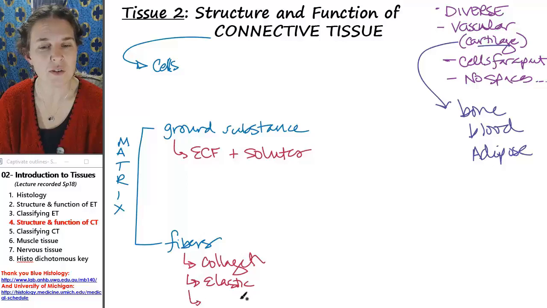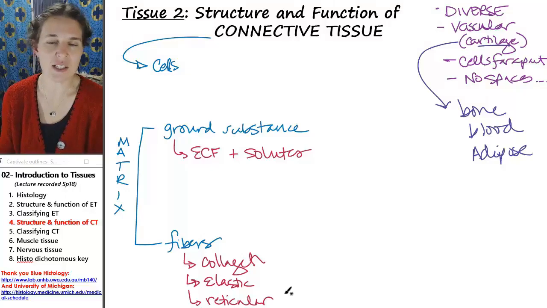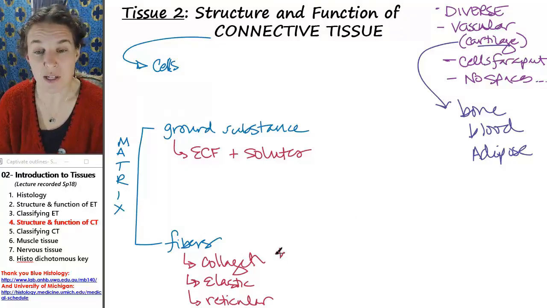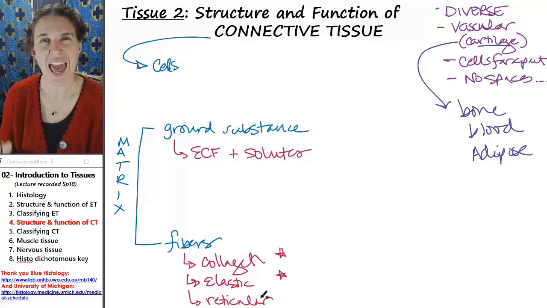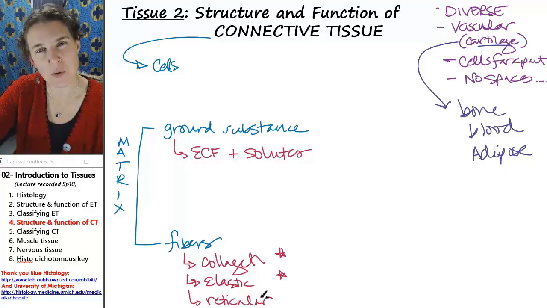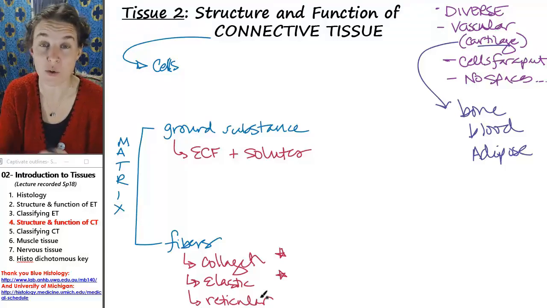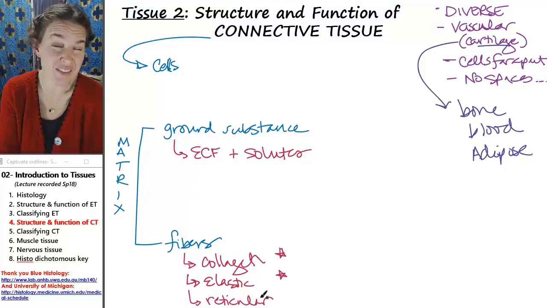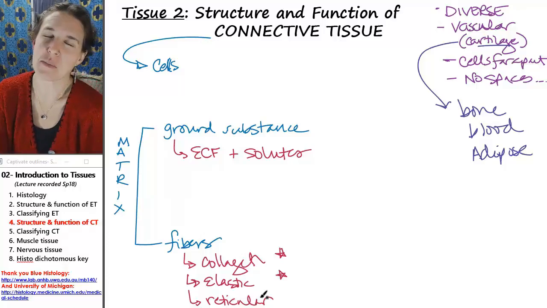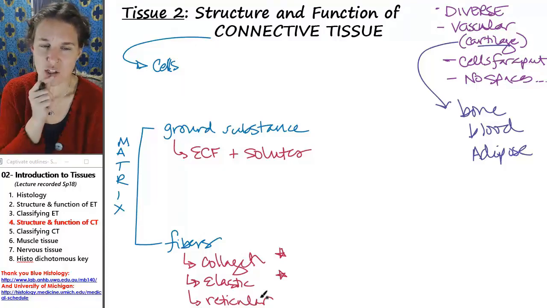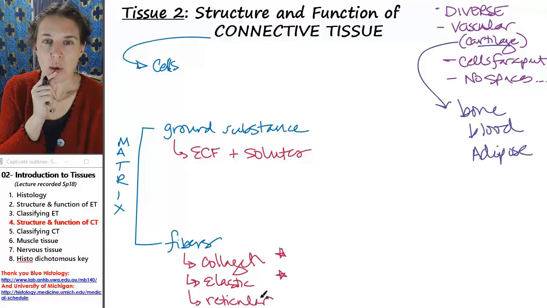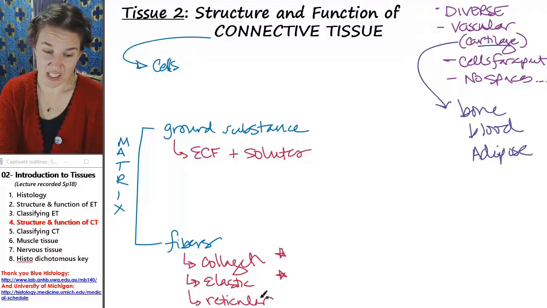And then there are also fibers called reticular fibers, which are just another kind of fiber. The fibers that we're going to see today in our studies are collagen fibers and elastic fibers. Being able to identify the fibers will help you distinguish between different kinds of connective tissues and other things that might look like connective tissues but actually aren't. So that's what a connective tissue is.